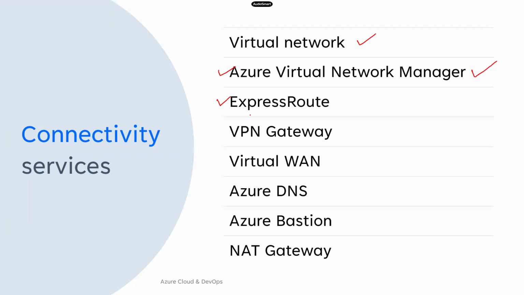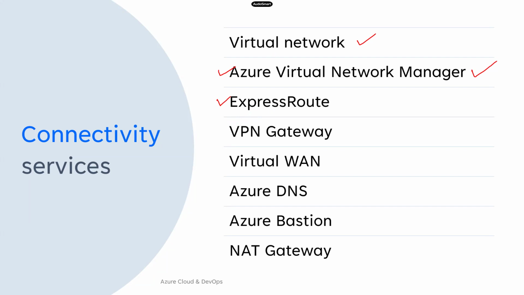ExpressRoute is one of the capabilities that we can use to connect between that on-premises and the cloud. The connection will be private, and I'll come to that. This is one of the services that we have. All are connectivity services, so we try to remind that.